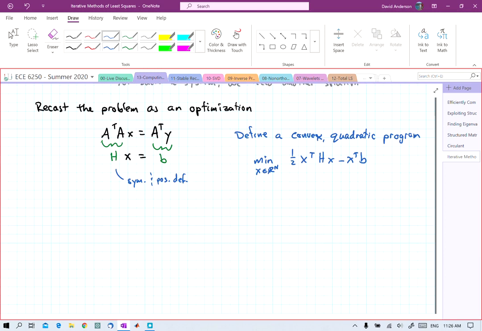And specifically, we can proceed to solve this minimization by setting the derivative to 0.